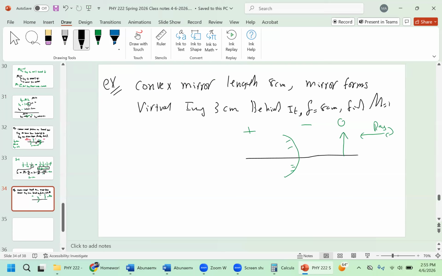Find the magnification. So F is over here, which is 8 centimeters, so your F is going to equal negative 8 centimeters this time. Your DI, we said, is going to be 3 centimeters. So here's your DI, and it's not inverted. We need to find M.